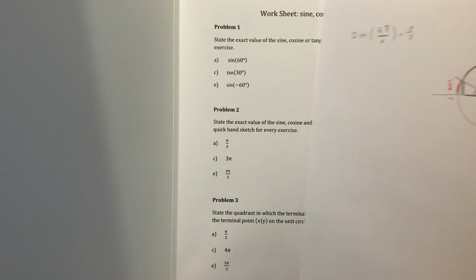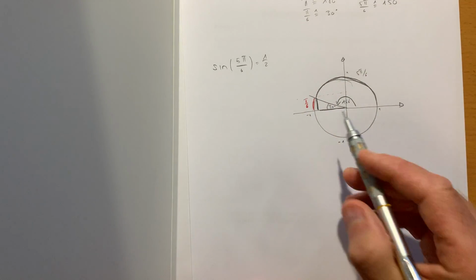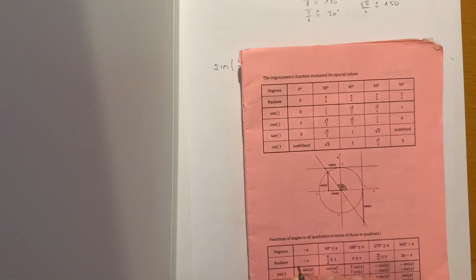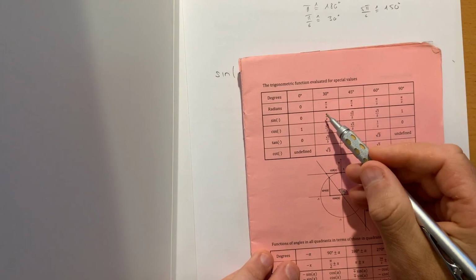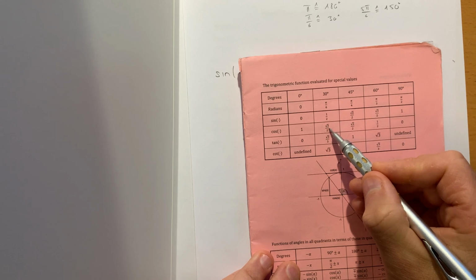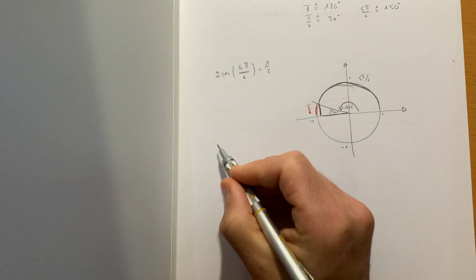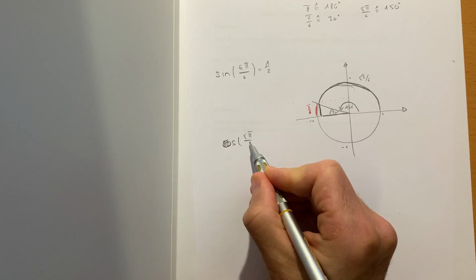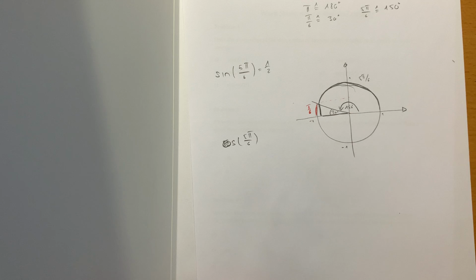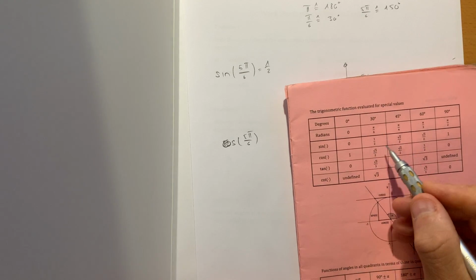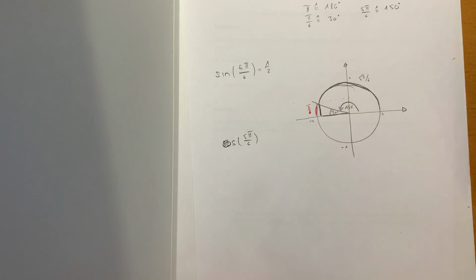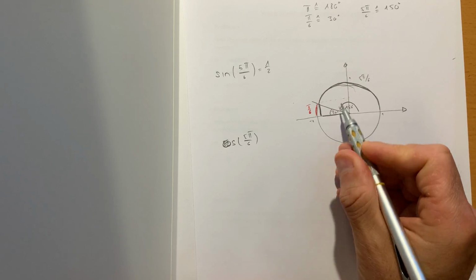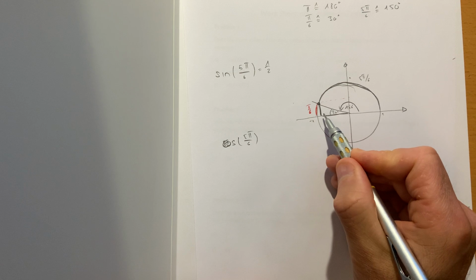So now let's talk about cosine. You can find this value on here. Cosine of pi over 6 is the square root of 3 over 2. Cosine of 5 pi over 6 is more or less the same thing as cosine of pi over 6, but it's in the second quadrant.